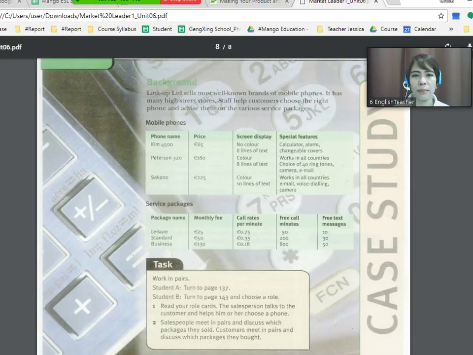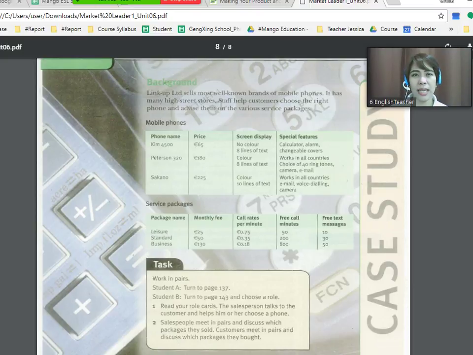Now for the call rate per minute, we have 0.75 euros for leisure, 0.35 euros for standard, and last one, for the business, we have 0.18 euros. For free calls, leisure 50, standard 200, and business 800. And last one, free text messages.